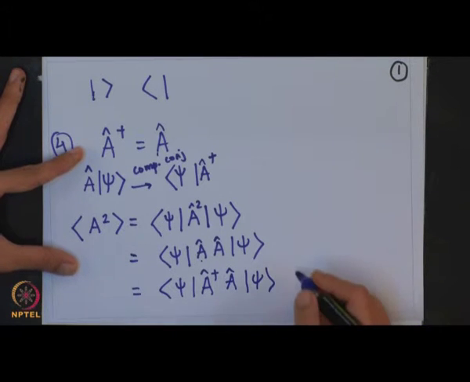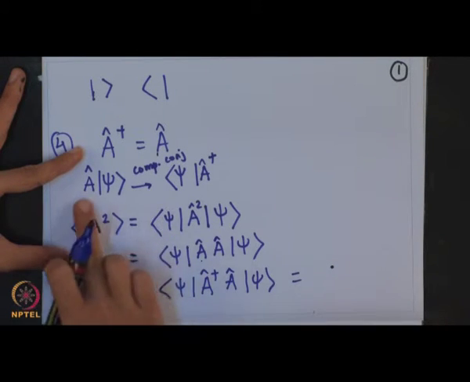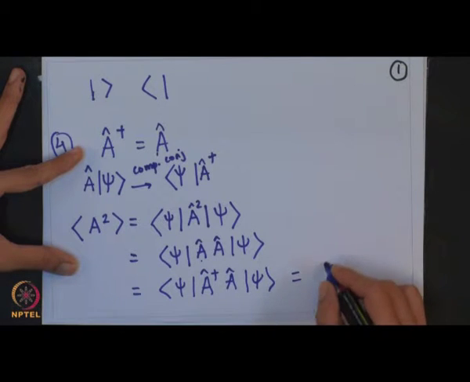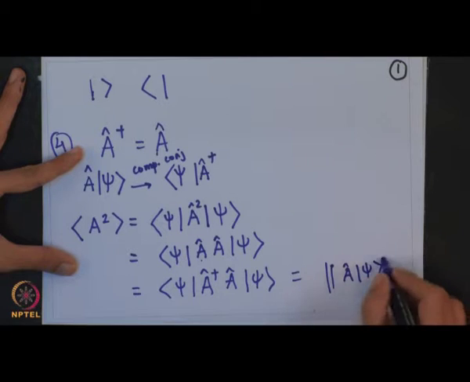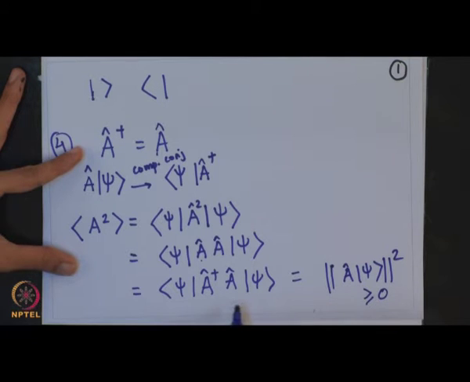So, I can write this as simple. This I can write as, we have seen this, right. So, this we can write as nothing but a complex conjugate of this. I can write this as the norm of A psi, and the norm of any vector is always greater than or equal to 0. This is one way to do.